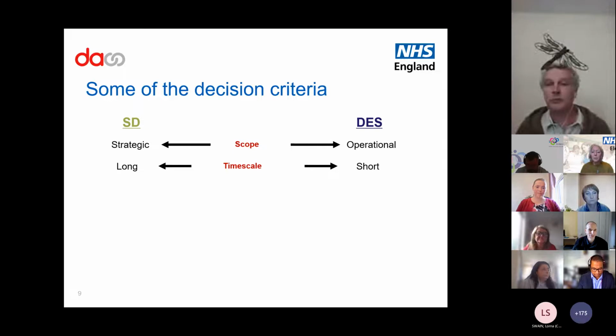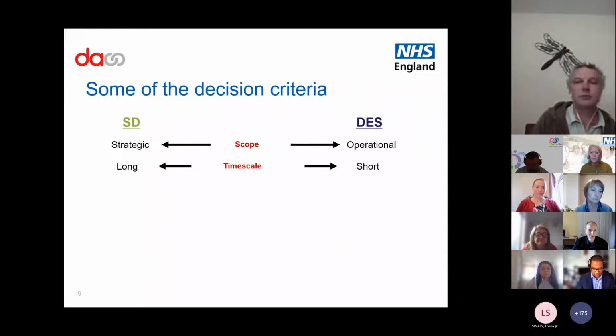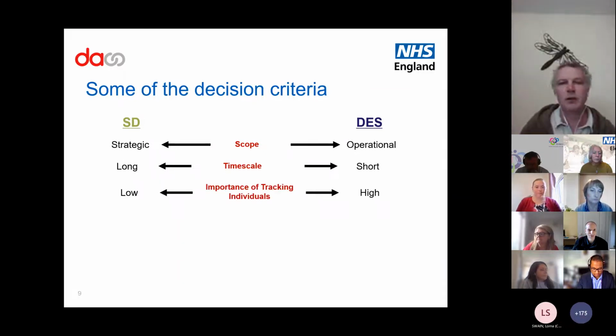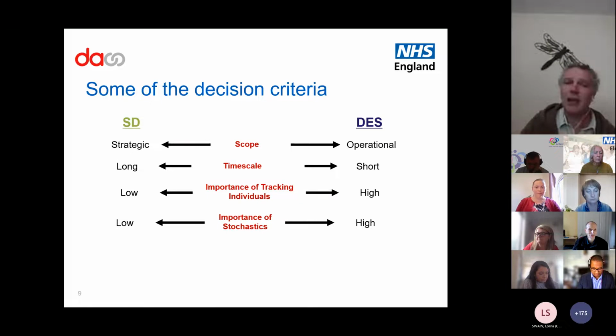If you're looking at long time frames, then that draws you again towards system dynamics. Shorter time frames, for example, what's happening in the next hour, day, week, that draws you towards discrete event simulation. If you're interested in tracking individuals, then that again pushes you towards discrete event simulation. And if stochastics are really important in your model, then again, discrete event simulation draws your attention there.